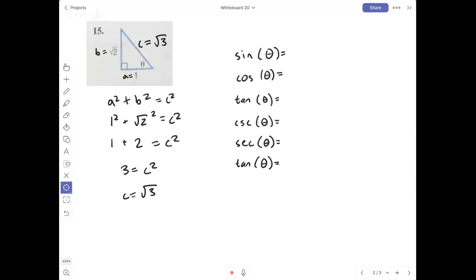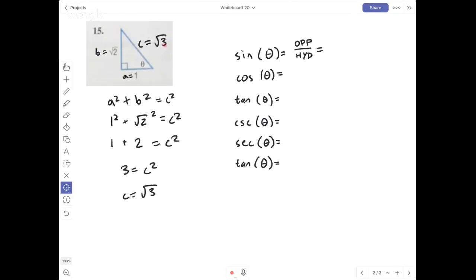Okay, sine of theta is the ratio of the opposite side to the hypotenuse. We know what it is specifically in this triangle, but we know by the fact of similarity and dilations that this will be the same ratio for any angle theta, because for any angle theta in a right triangle, this ratio of sides will always be maintained.